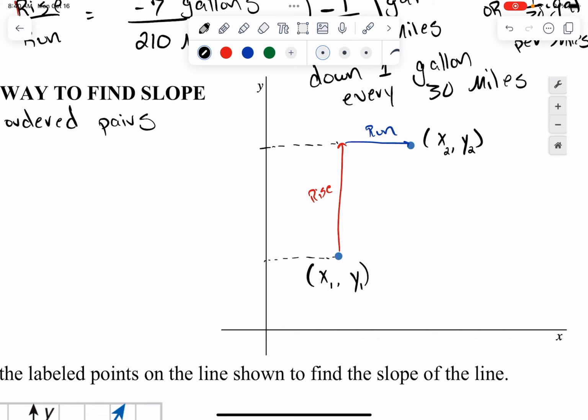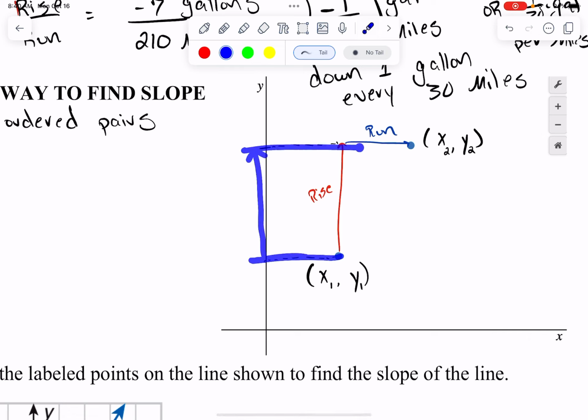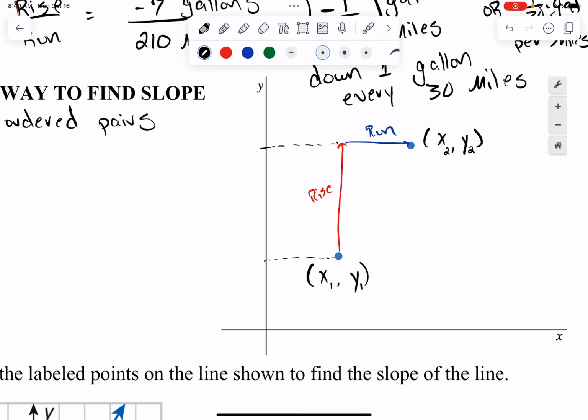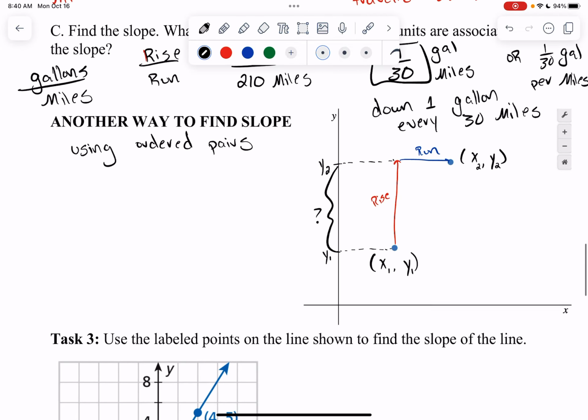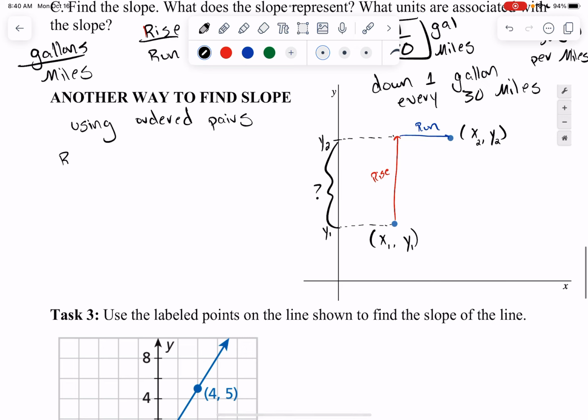So the rise is how far I go from this y up to this y. How far is that distance? Well, this here is my y1, and this one up here is my y2. To find the distance between 2 points, let's write rise over run.